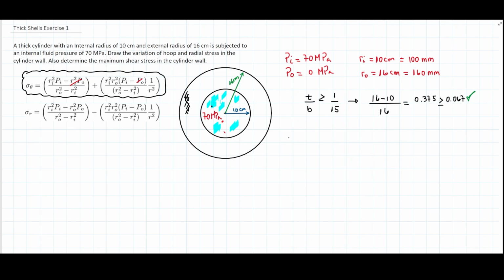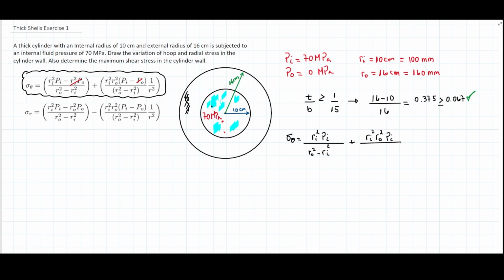So if I make the formula complete here, it's going to be something like this: Ri squared times Pi, divided by the difference of the squares of the radii, plus Ro squared times Pi.